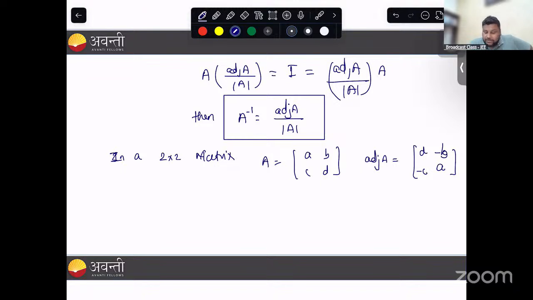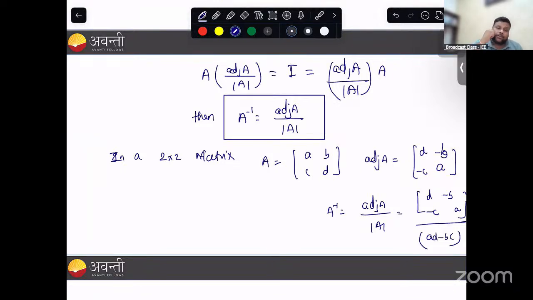Fine. So A inverse will be that divided by ad minus bc.